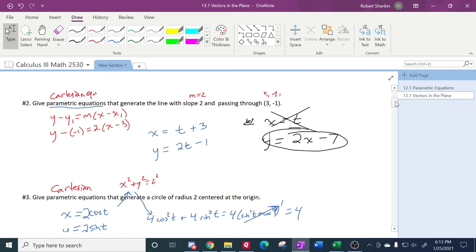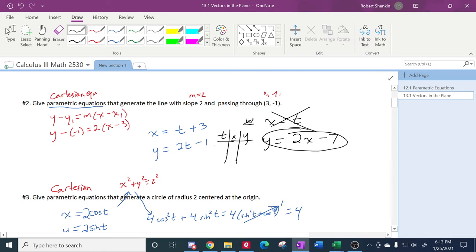Like at t equals 1 hour, you went 3 miles up, but your speed was only 2 miles an hour. I'm trying to visualize what t does for us in terms of real world problems.